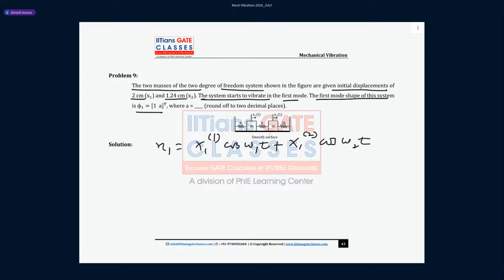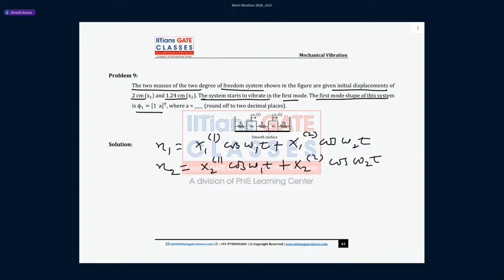This is one equation. The second equation is x2 for first mode cos of omega 1t plus x2 for second mode cos of omega 2t.